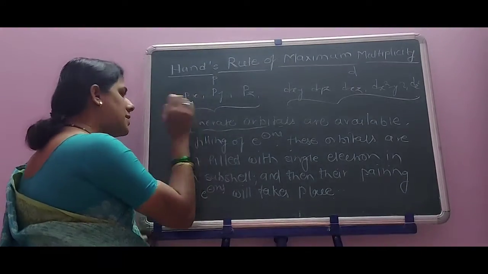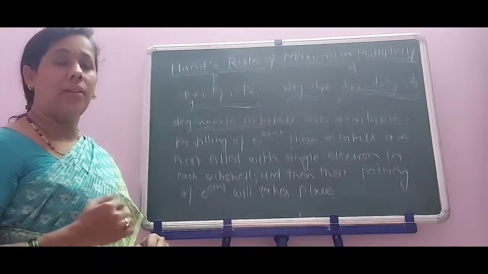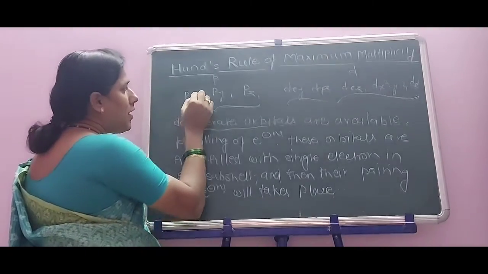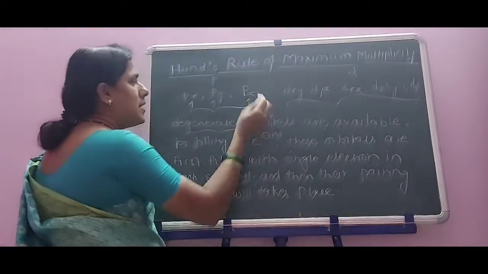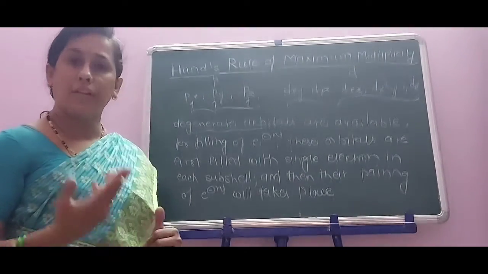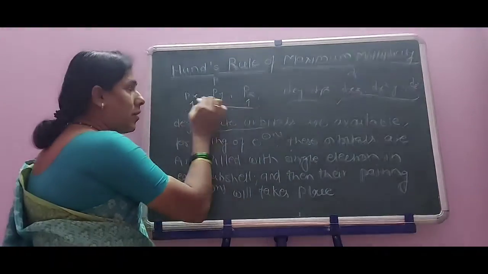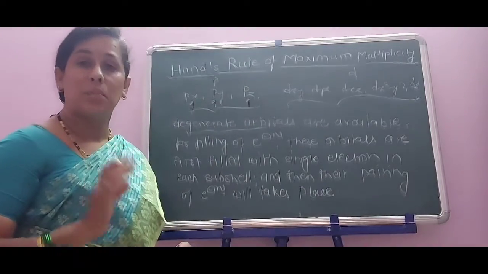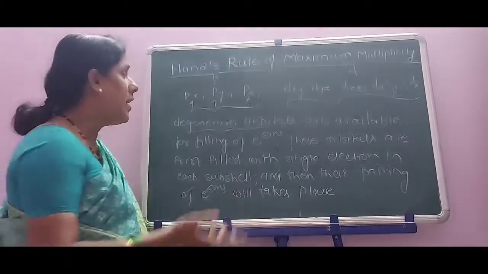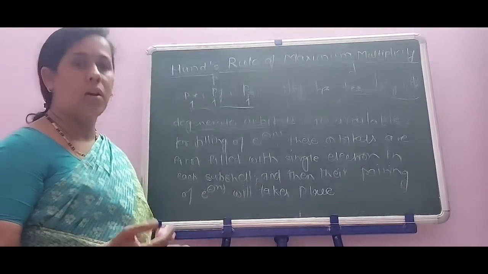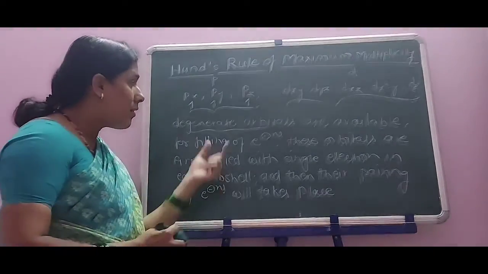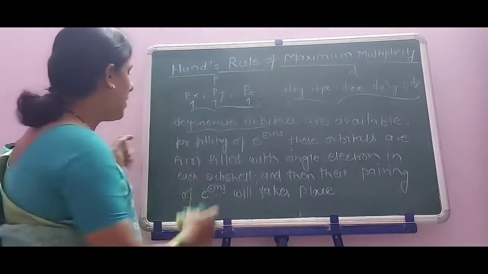This is called a parallel spin in each orbital. That is like px one electron, py one electron, pz one electron. After filling of one electron in each subshell of orbitals, then and only then will pairing of these electrons take place. For that consideration, we will take an example here.